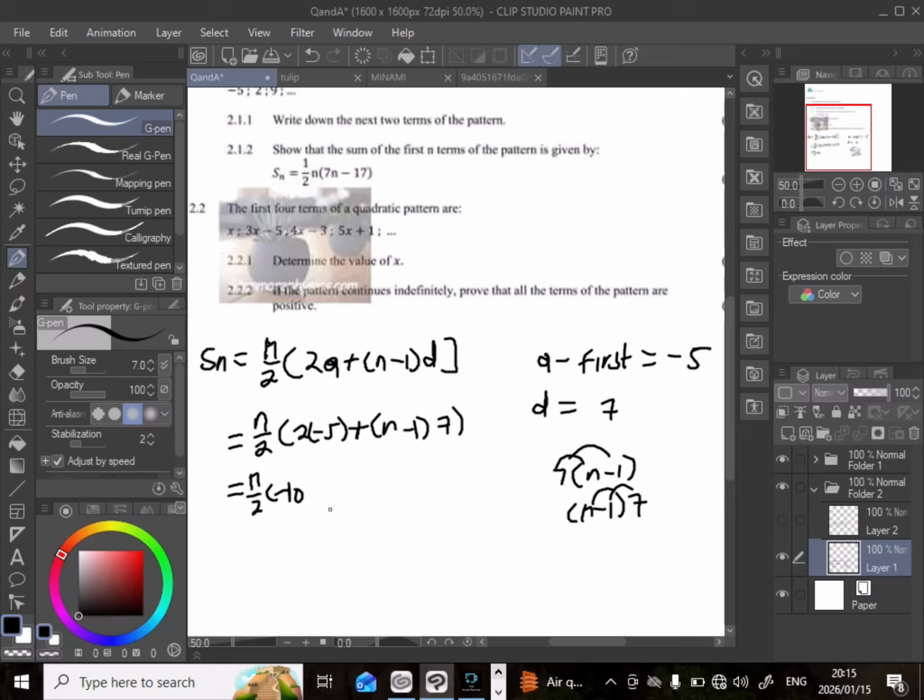So it's going to be 7n, then -7, just like that.